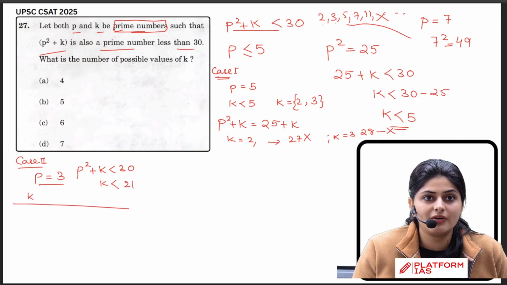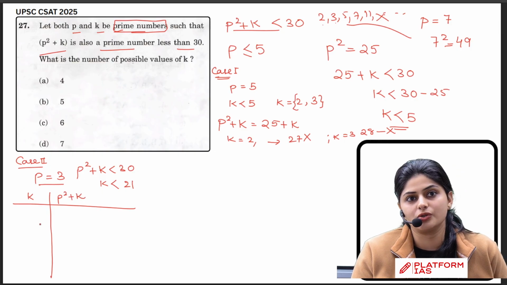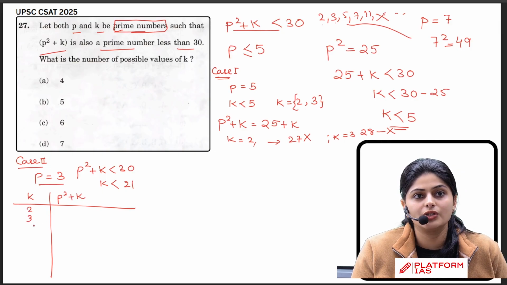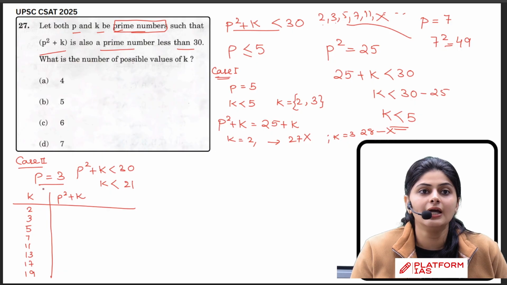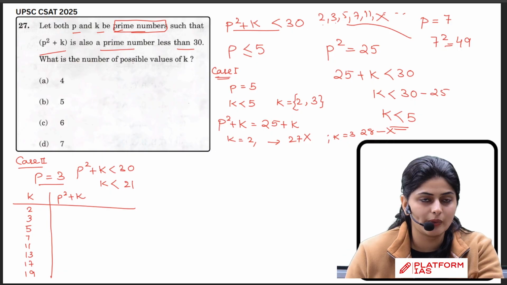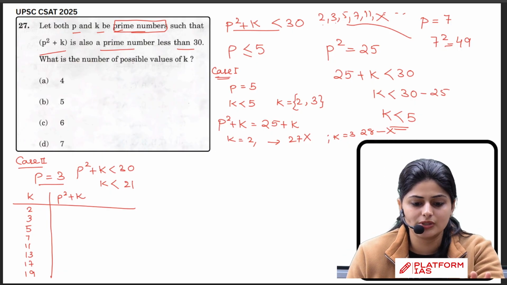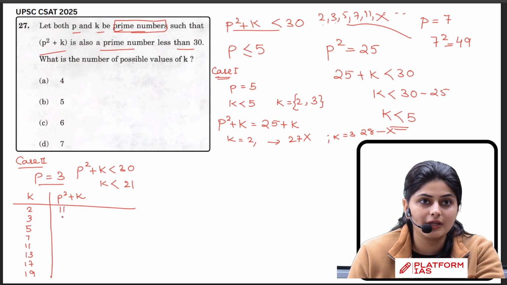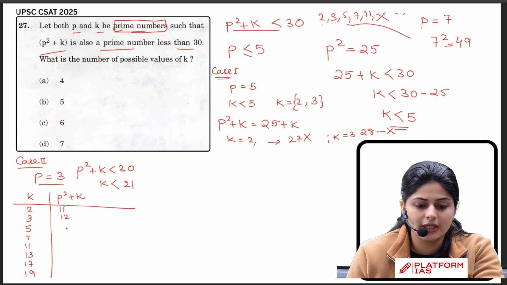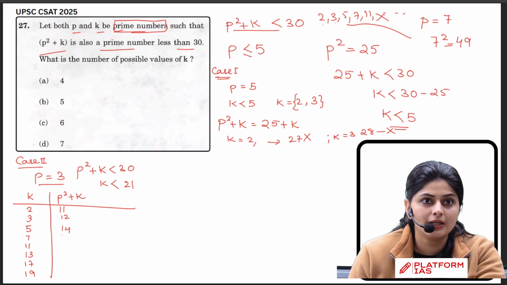Now we'll find out the value of p square plus k for different values of k. If k is 2, 3, 5, 7, 11, then we have 13, then 17, then 19. These are all the prime numbers less than 21. Now substituting the values here, we'll get 11, 12, 14, 16, then we have 20, then 22, 26 and 28.